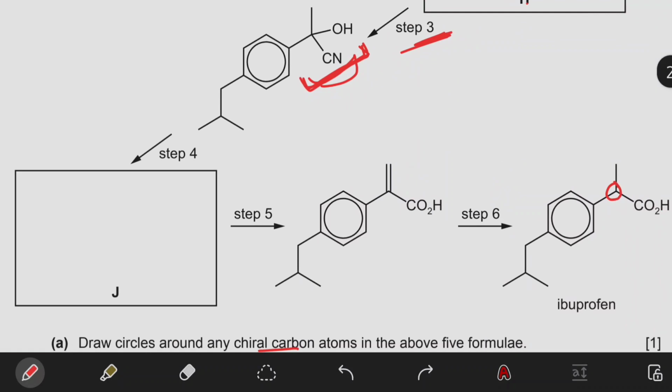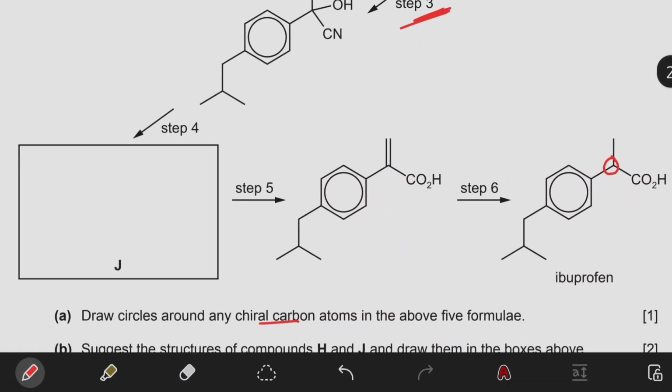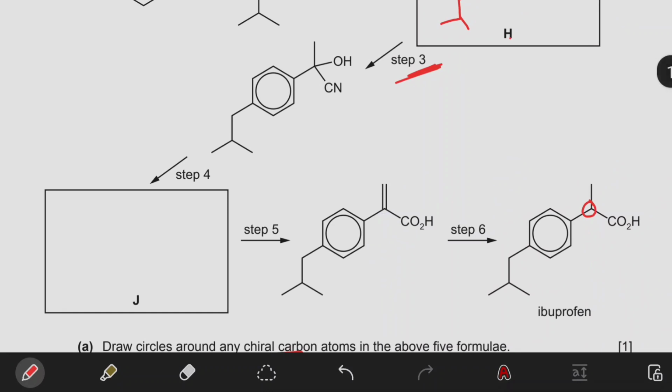Okay, and for J, what is being done? How do we convert this to this? If you notice here, this is the carbon-carbon double bond. So how can we make a carbon-carbon double bond? Actually, the dehydration of alcohol does generate alkene.